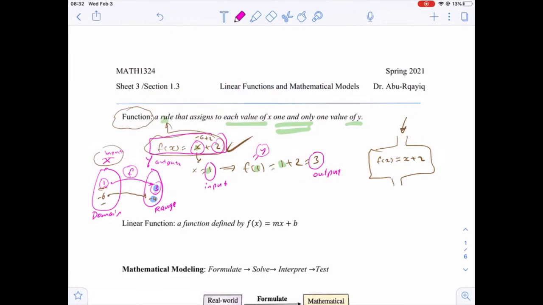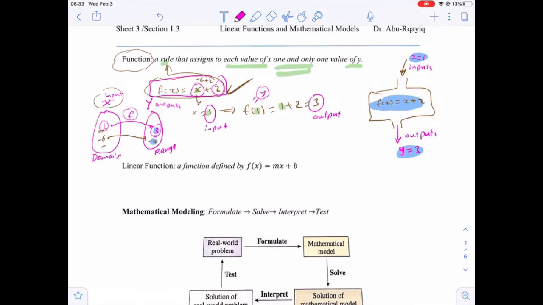For example, x equals 1, and the output that corresponds to x equals 1 is y equals 3. You insert x equals 1, you process it here, you add 2 to that number, and then you get the output here. That's what we mean by a function.